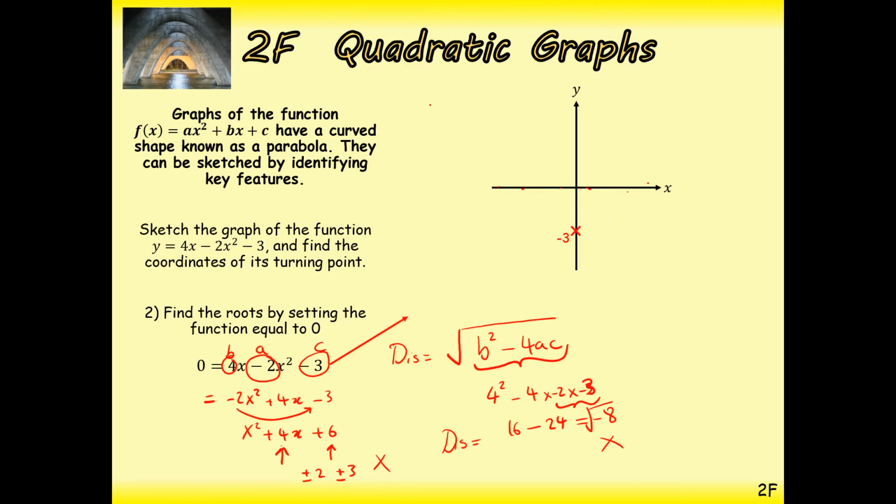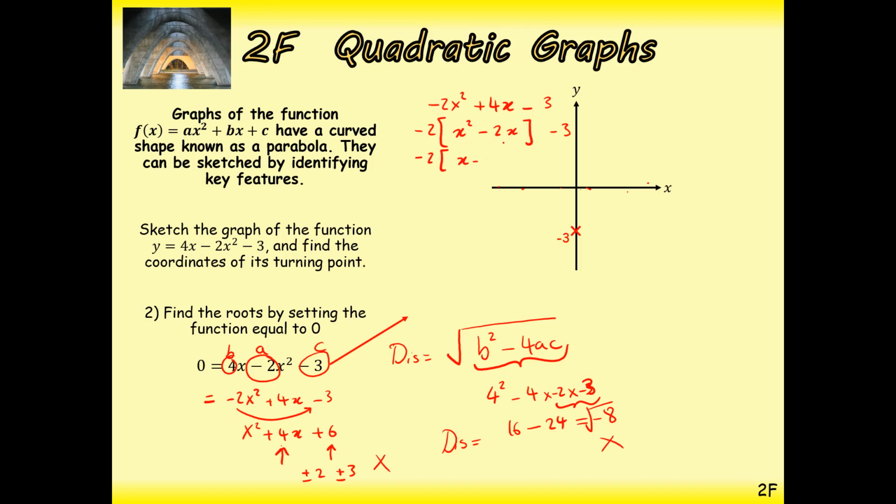So we have negative 2x squared plus 4x minus 3. We can factor a minus 2 out of this part, so we'll have x squared minus 2x. We leave the 3 alone because 3 doesn't have a factor of 2. Then inside this square bracket, I'm going to complete the square.